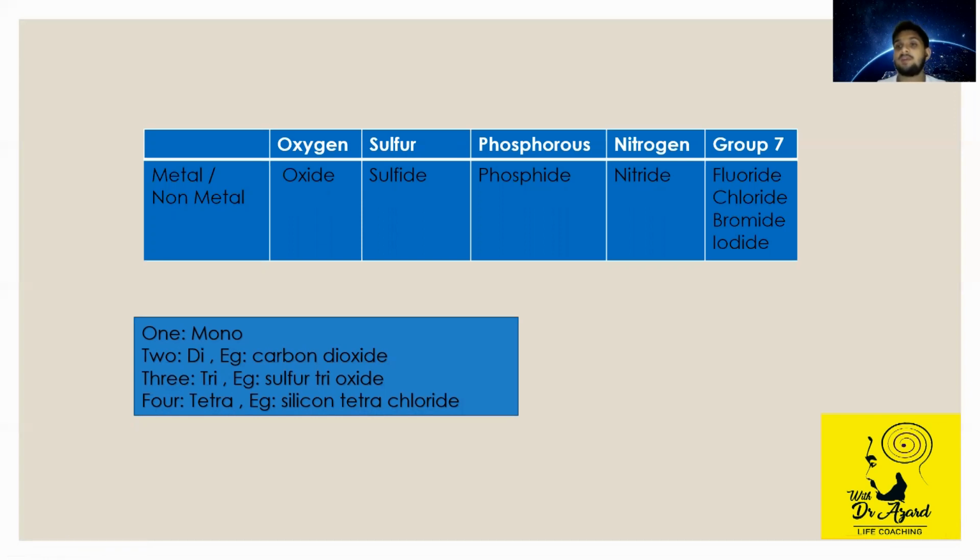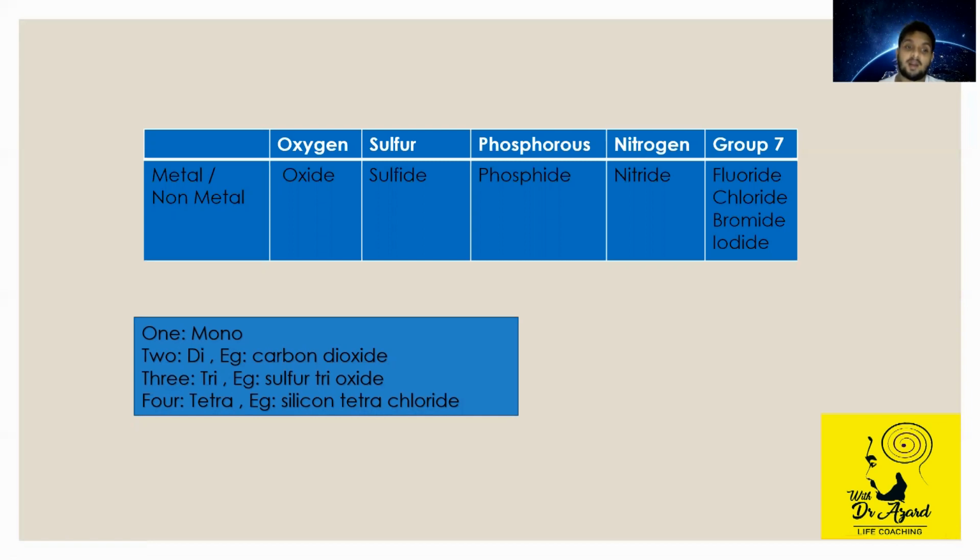But what happens if we try to react them with more than one? For example, when we react carbon with one oxygen, we can either write it as just carbon oxide, or we can write it as carbon monoxide.